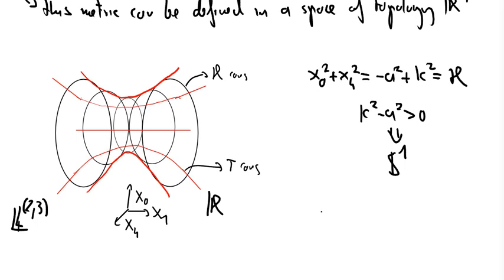But the situation is similar to the situation I explained before with respect to flat space-time and the cylinder. I said that flat space-time could be defined on a plane and on a cylinder, and both are different manifolds because they have different topologies, but the metric is the same.